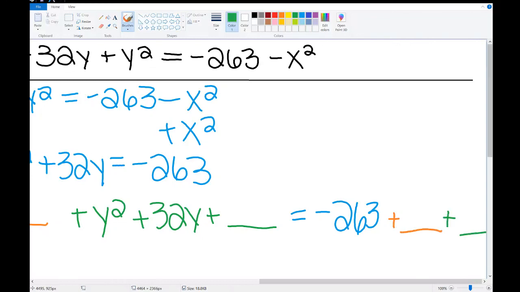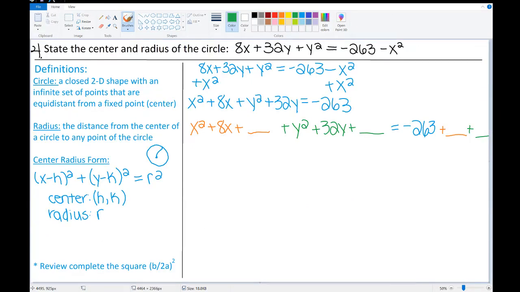What you do to one side, you have to do to the other, so that's why I left two spots on the right side.